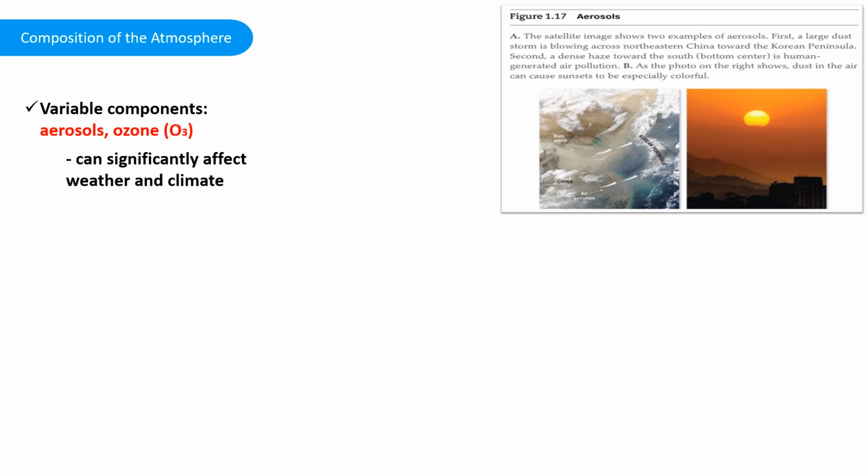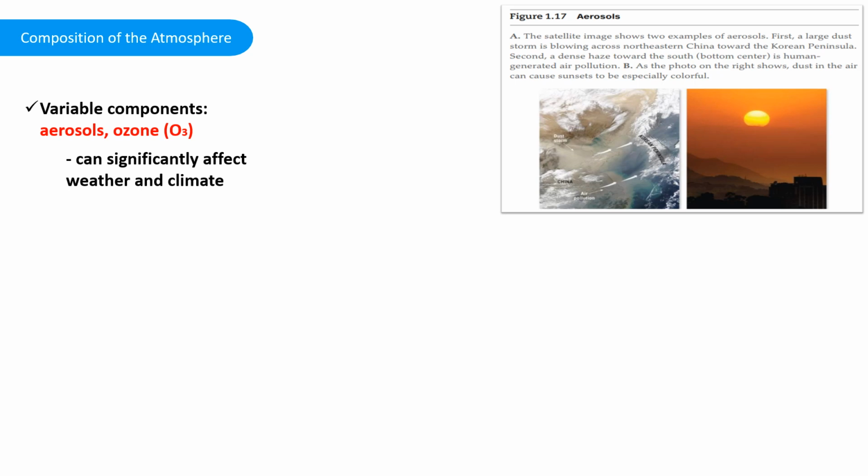And then the second arrow is a dense haze toward the south bottom center. This is human-generated pollution. So these are aerosols. And this could consequently show the second photo.